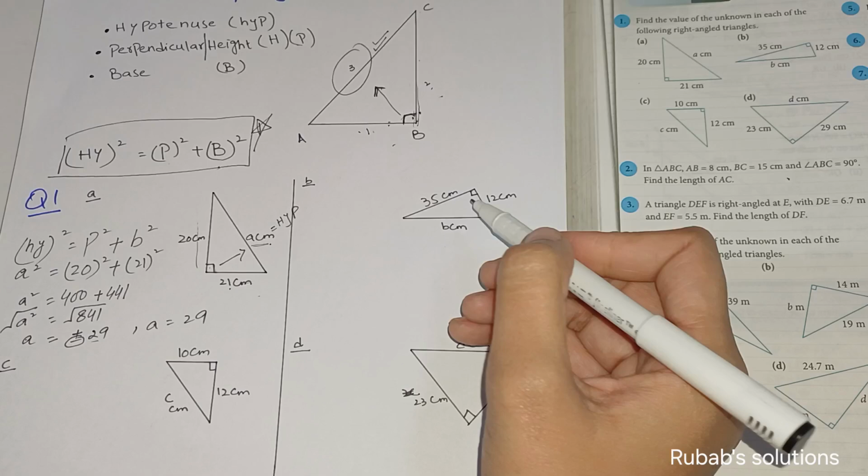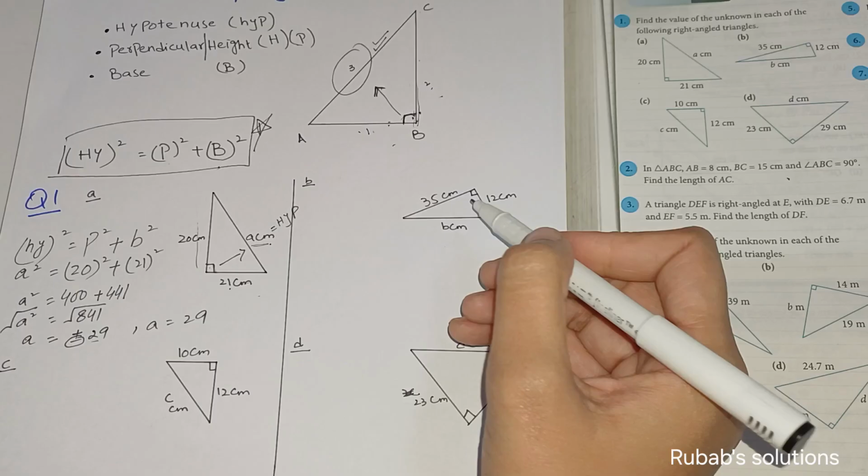The value of hypotenuse is not given. Instead of that, we can write a square is equal to perpendicular is 20 square plus 21 square. 20 square is 400, while 21 square is 441, and from here the answer is 841. Now your answer is not till here because here is a square.